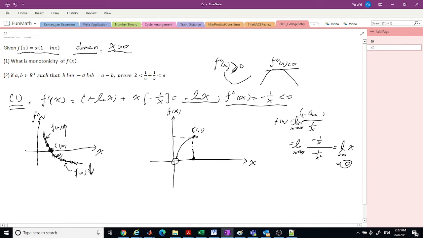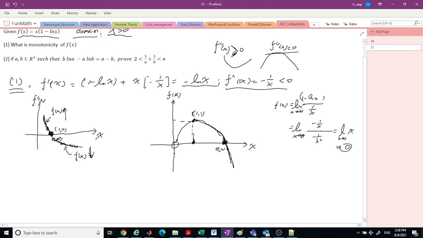And for the second segment, if x equals e, it is 0, so at e and 0 it will be like this. Okay, so now we have finished the first part.